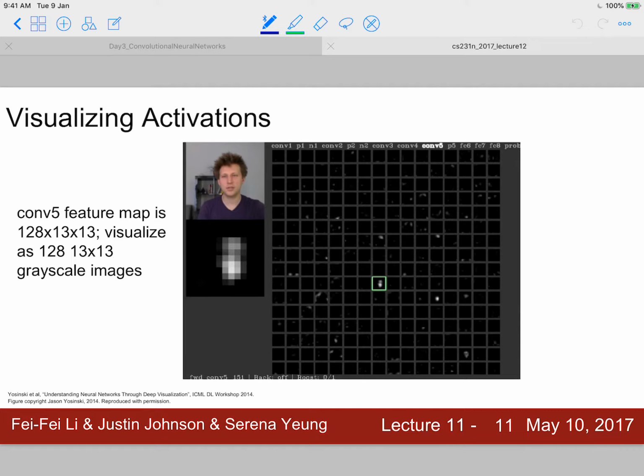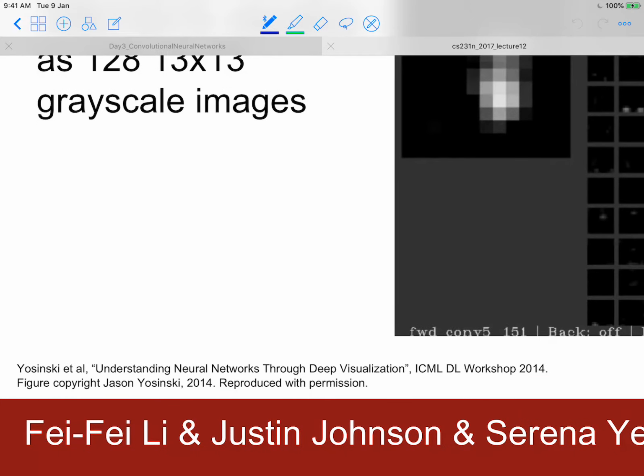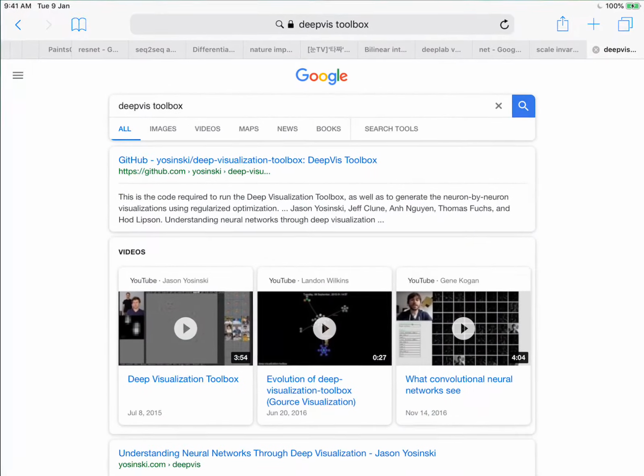I'd like to discuss a little bit on visualizing the activation. This is a 2014 paper called Deep Viz Toolbox.